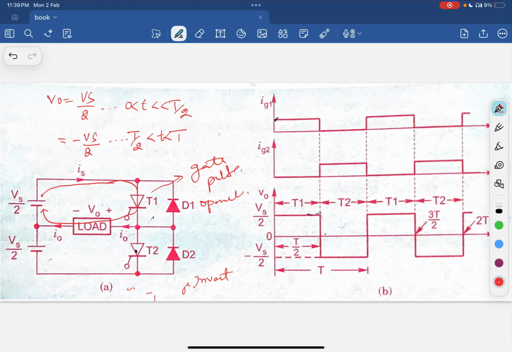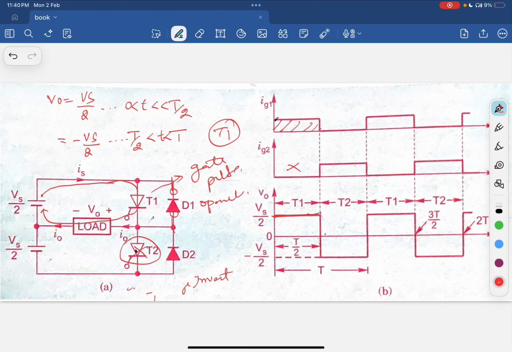Because the diode is placed here on the reverse side, so it acts like an open circuit. At the lower half we have not given any pulse to thyristor T2, so it is not working. As you can see here, the gate pulse Ig1 means that we have given the gate pulse to the thyristor T1, and the gate pulse Ig2 is not present. So the thyristor T1 starts conducting here.